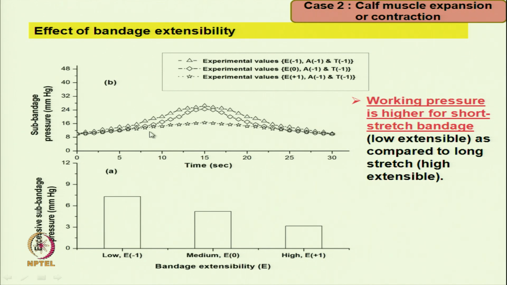This curve shows that the bandage with lower extensibility will impart higher sub-bandage pressure. As the extensibility increases, the sub-bandage pressure reduces, and this is true for the total cycle, but this is prominent when the bandage expansion is maximum.